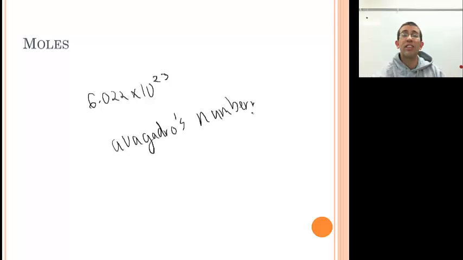It's actually named after the scientist who helped figure out the amount of atoms, molecules, and formula units that are inside of different particles. So they named it after him. It's called Avogadro's number.